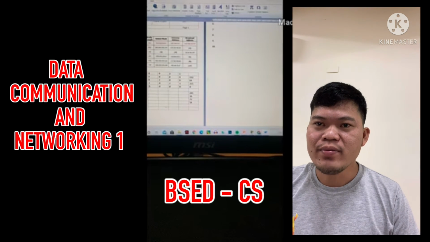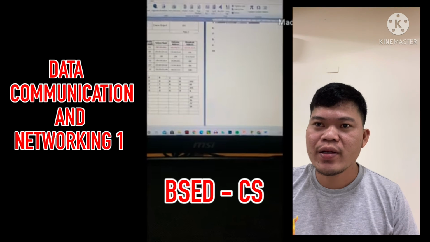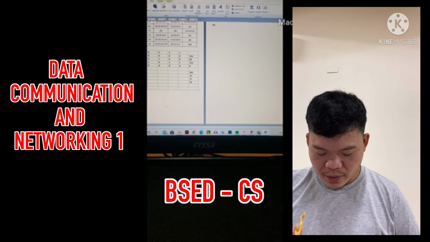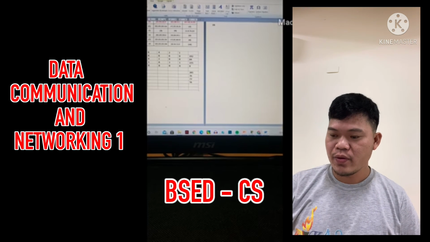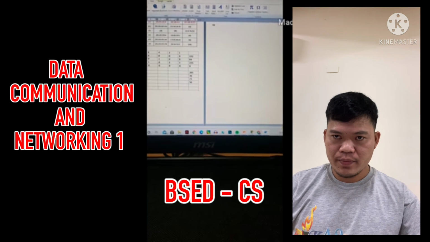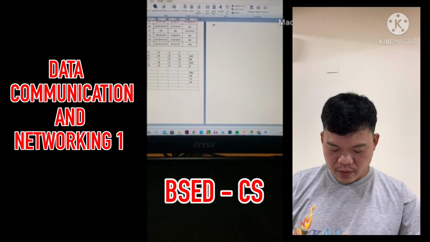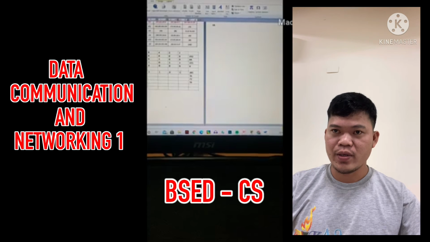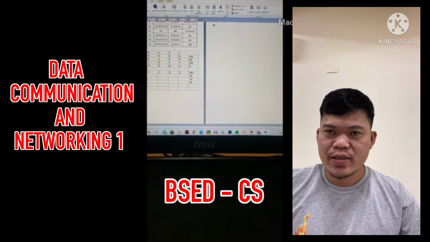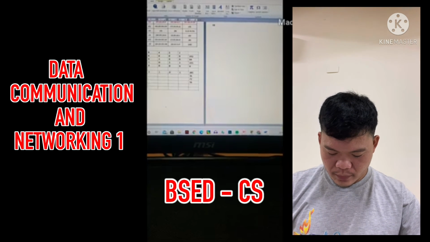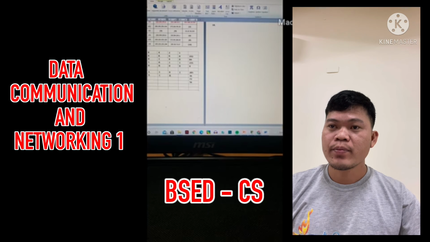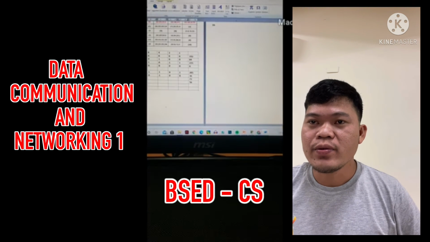Then the next one, which is number 9, is 205. 205 is 1, 1, 0, 0, 1, 1, 0, 1. This 36 is 0, 0, 1, 0, 0, 1, 0, 0.